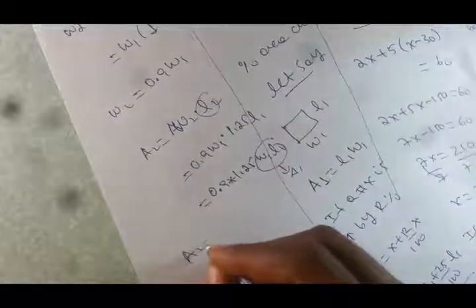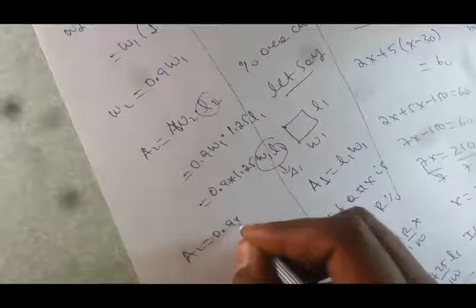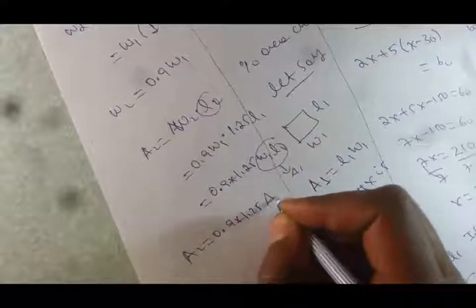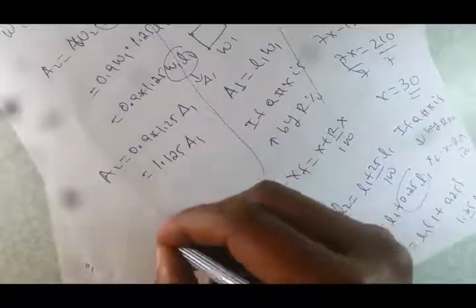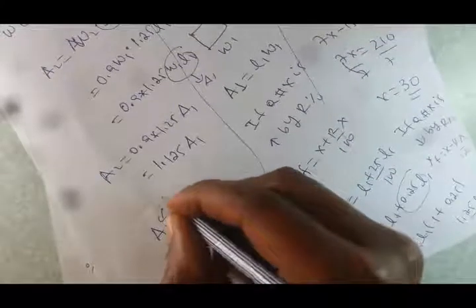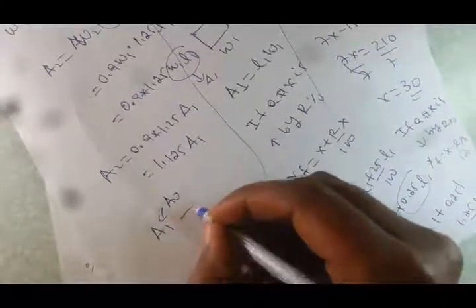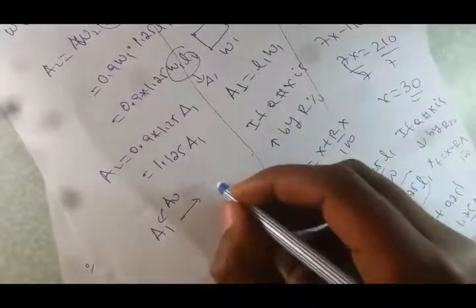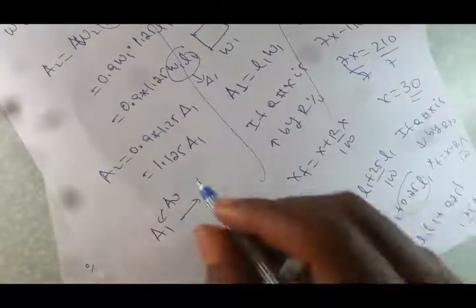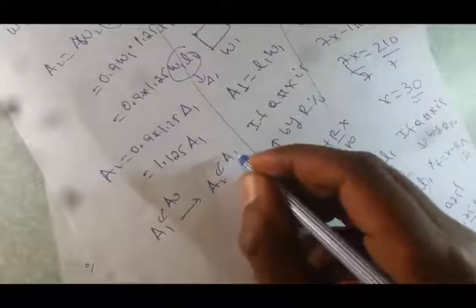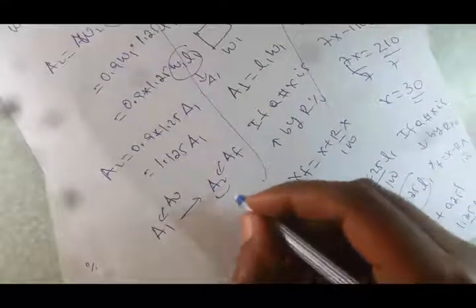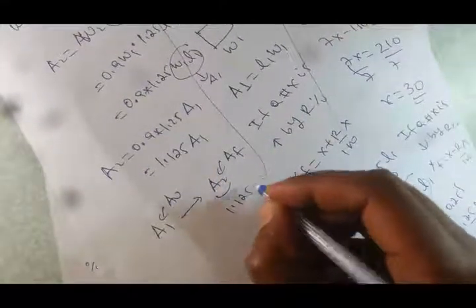Therefore, A2 is equal to 0.9 times 1.25 A1, which is 1.125 times A1. Our initial value, A0, was assumed to be A1. After the length was increased and the width decreased, it became A2, our A final value.